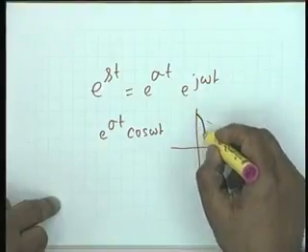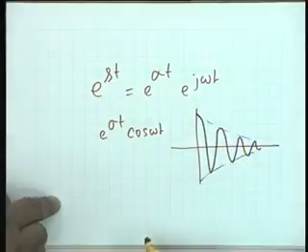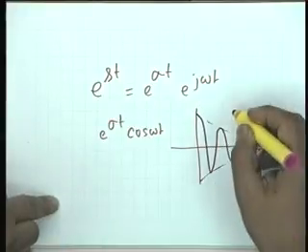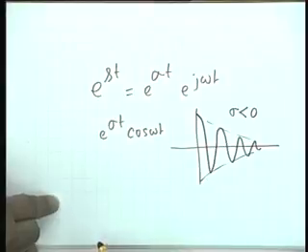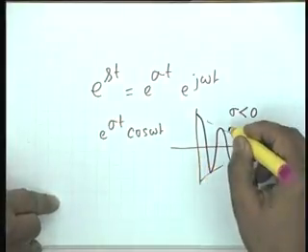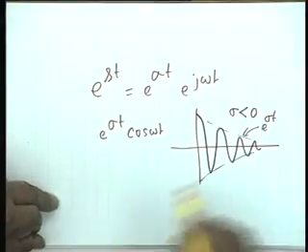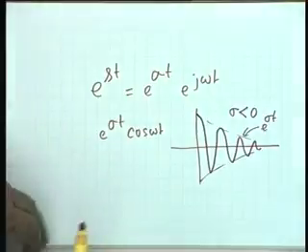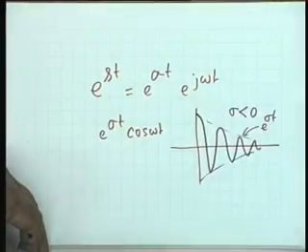So, it starts from here. It would be a decaying sinusoid if sigma is less than 0. It is a cosine omega t, but the envelope will decay as e to the sigma t, and we have considered sigma less than 0. If sigma is greater than 0, then naturally it would be a growing sinusoid.